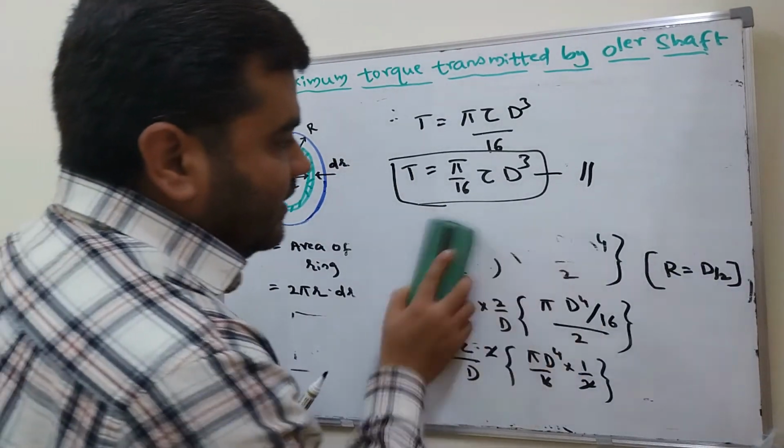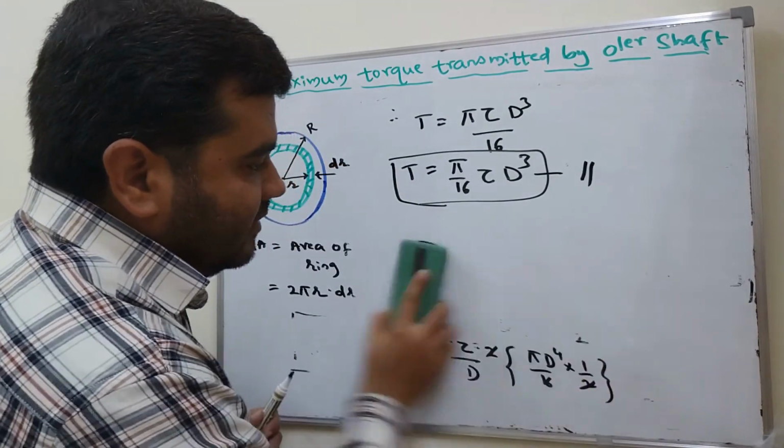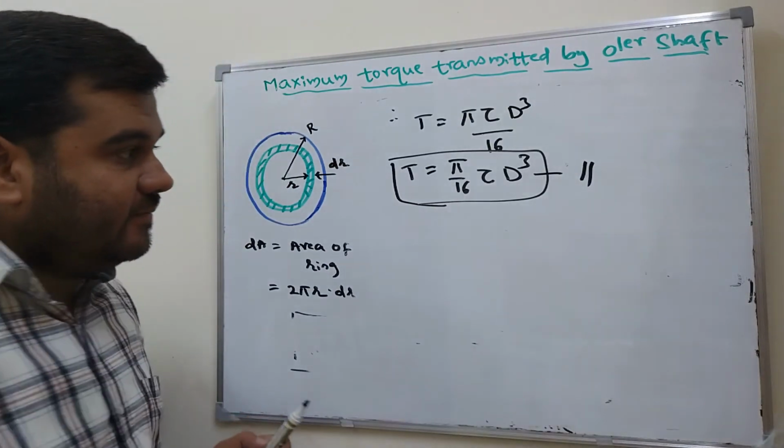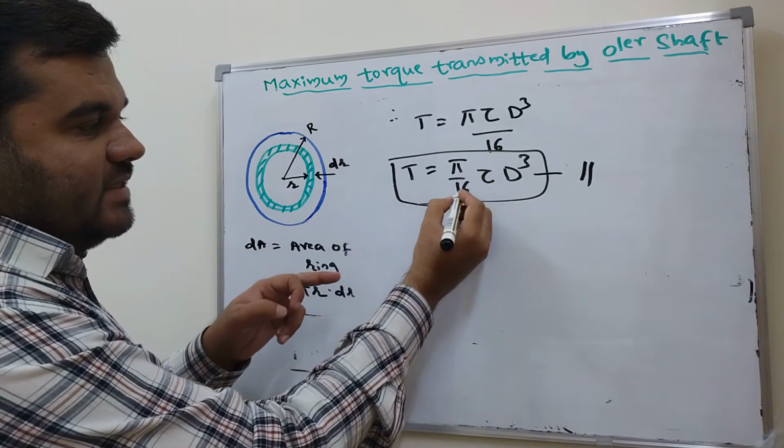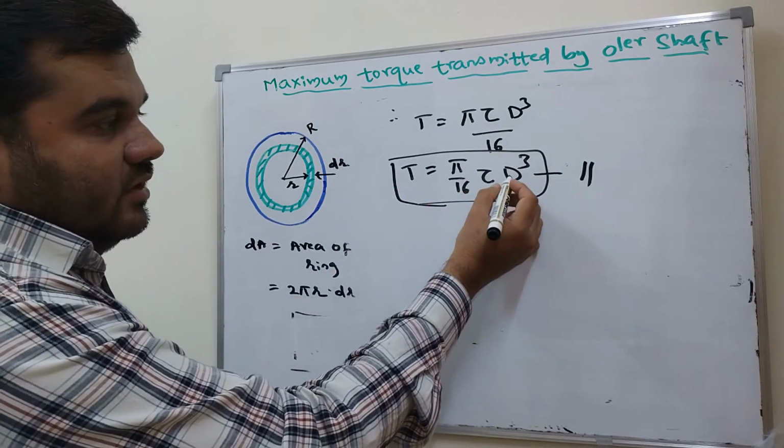From this total derivation, the important equations are: one, the maximum torque developed by the circular shaft is pi by 16 tau into d cube.